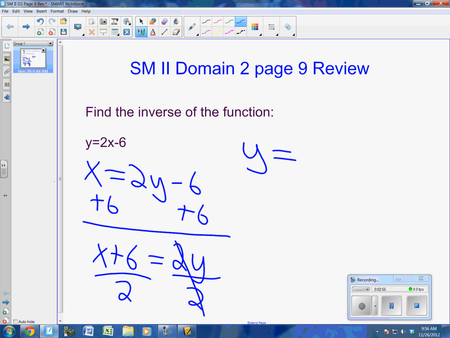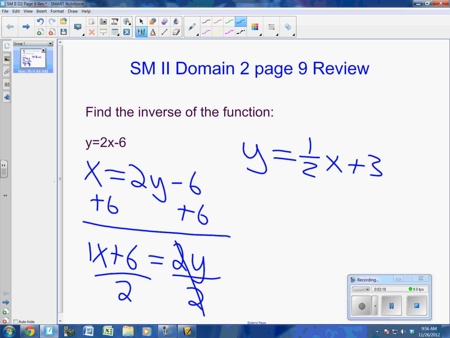Now, your answer might be written as x plus 6 over 2, or they might divide 2 into both parts. They might write it as 1/2 x, because if I take the 1 that's in front of the x and divide it by 2, I get 1/2 x. And 6 divided by 2 is what? 3. Okay? Now, I've solved for y, and I told you there's sometimes one more step.